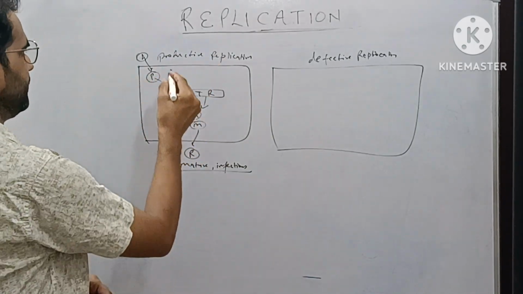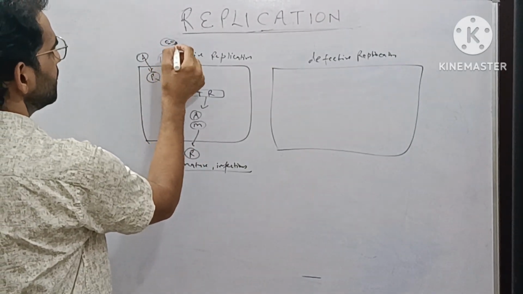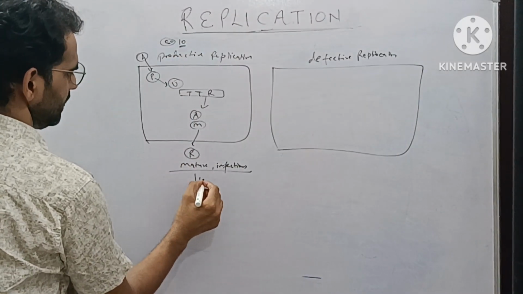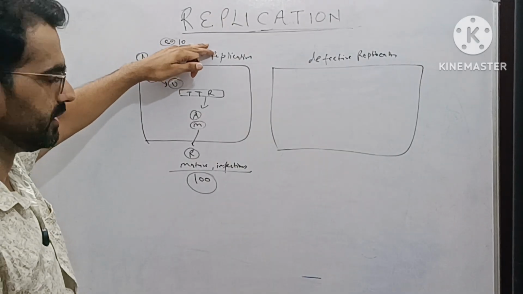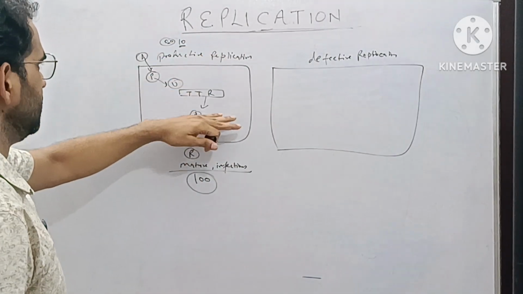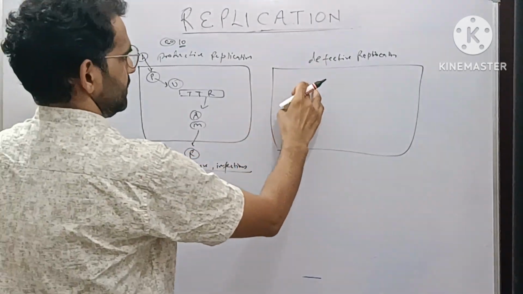For example, here 10 virus enters and 100 comes out. This was the productive replication. What is defective replication?